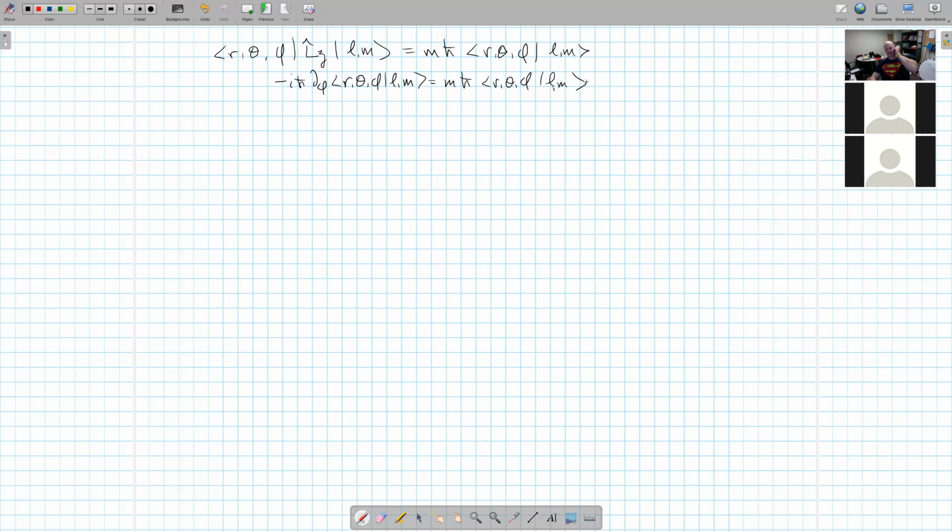So what this is going to do is give us a first order differential equation to find out what this function is. So let's go ahead and do that. If I solve this, what this tells me is that r theta phi L m. This structure simply gives me a natural log.